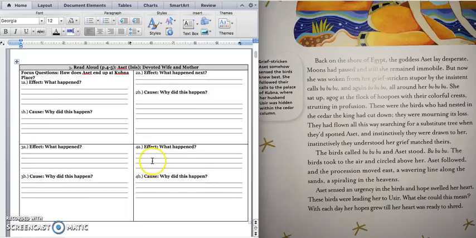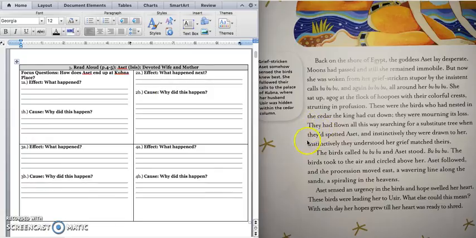All right, then it tells us that these were the birds that were in the cedar tree that the king had cut down, and that they were looking for a substitute tree when they spotted Aset, and they were drawn to Aset. So our second effect is that these birds had flown looking for a substitute tree when they spotted Aset.